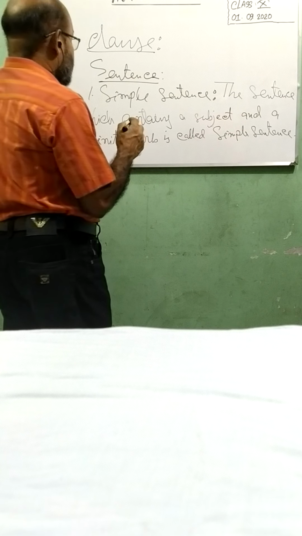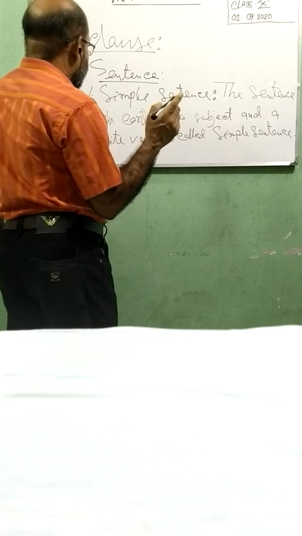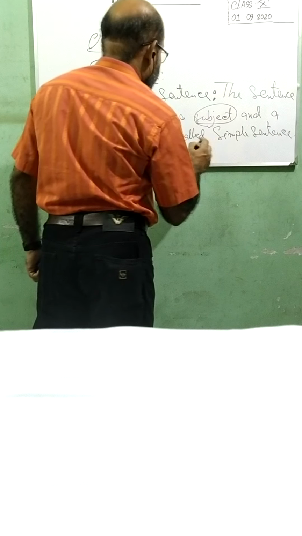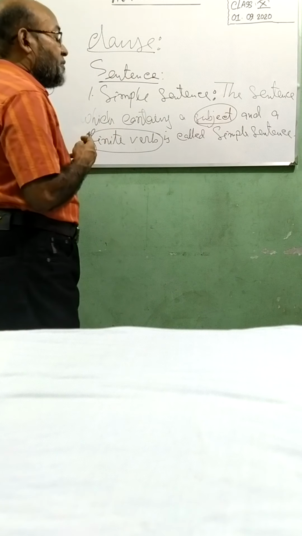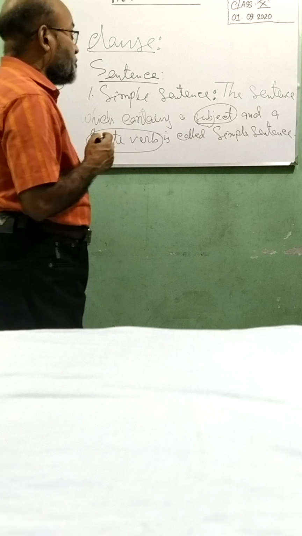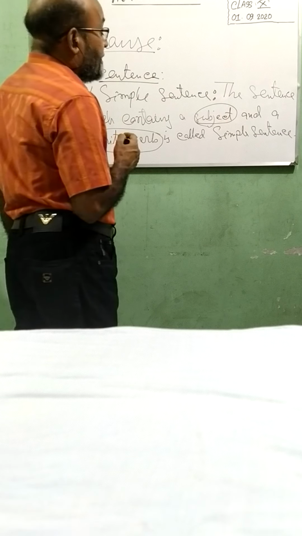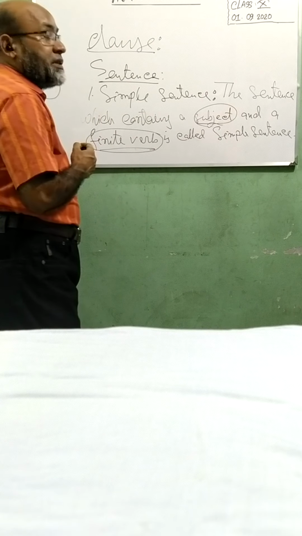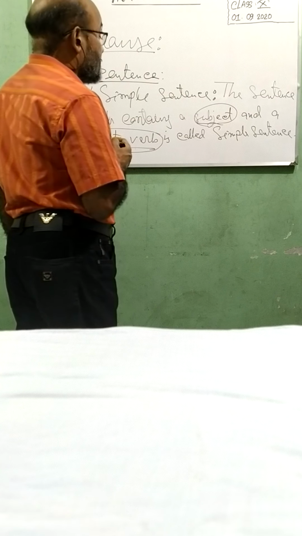In a simple sentence, we can see two important parts, that is subject and finite verb. If any group of words does not contain a subject or finite verb, then it will not be a simple sentence.